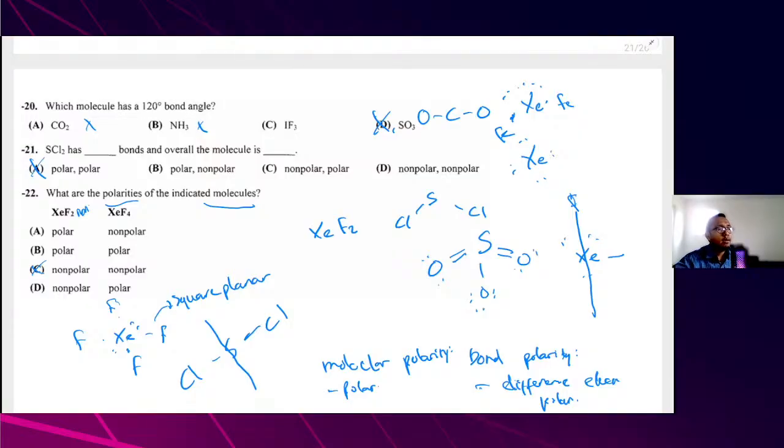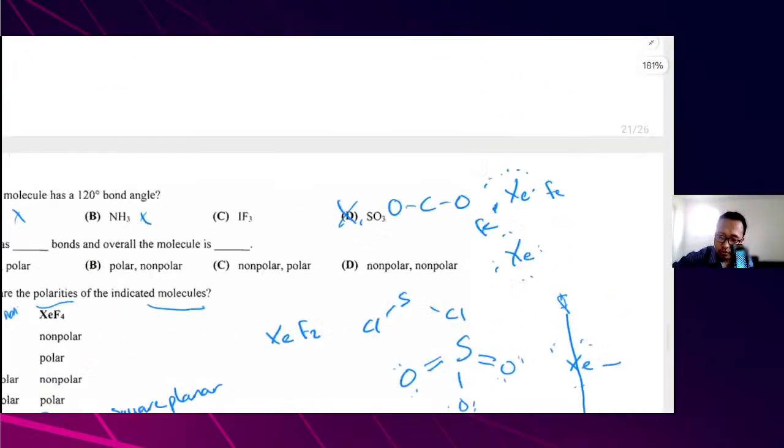Oh, trigonal planar. Linear. Okay, just remember this one, guys.